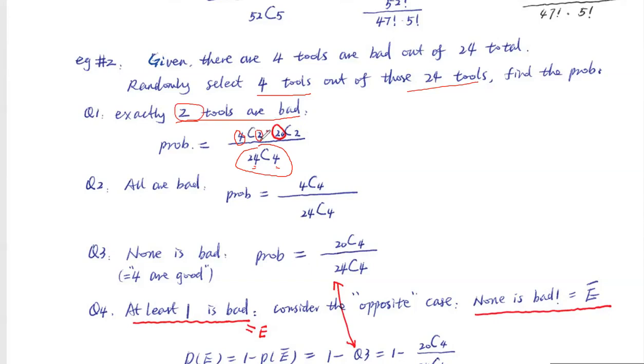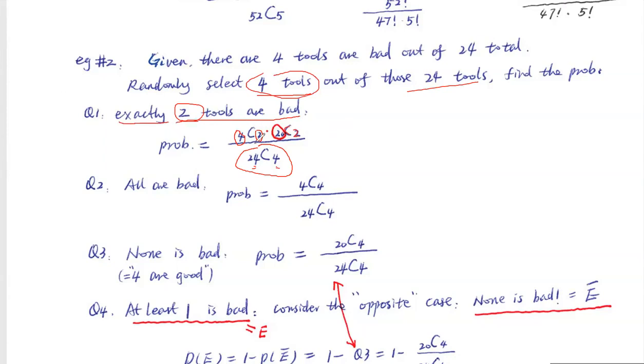Now we haven't finished yet, because so far you only selected 2, and the question is we have to select 4. So you have to continue to select 2 more. Everybody pay attention here: the other 2, we want to select from what? From the good ones, because they mention exactly 2 tools are bad.